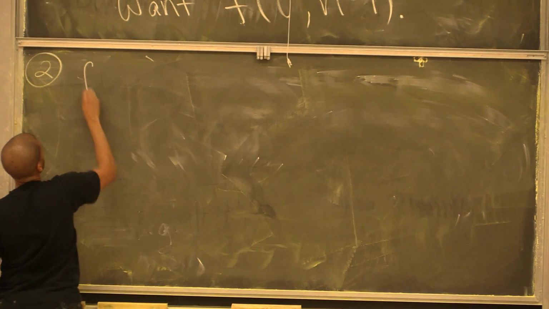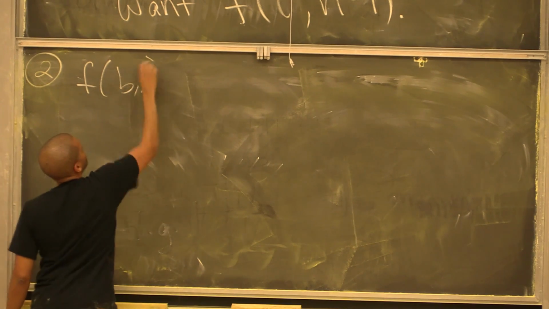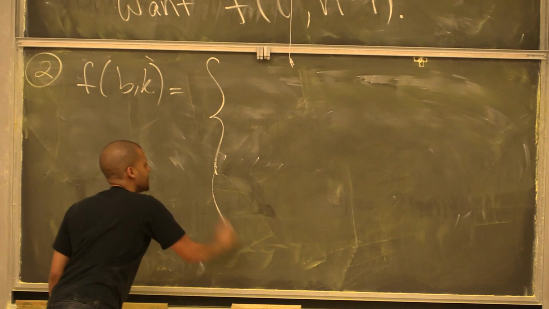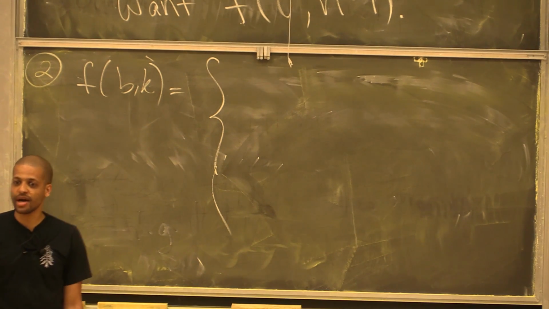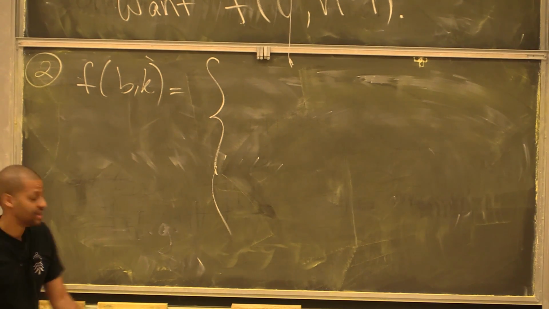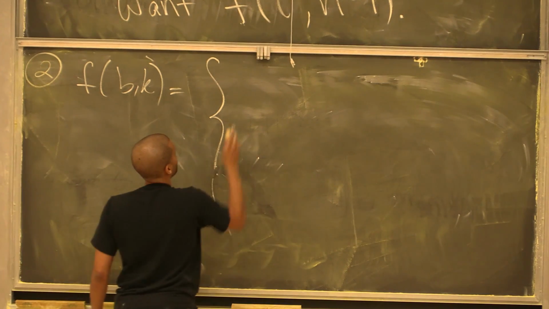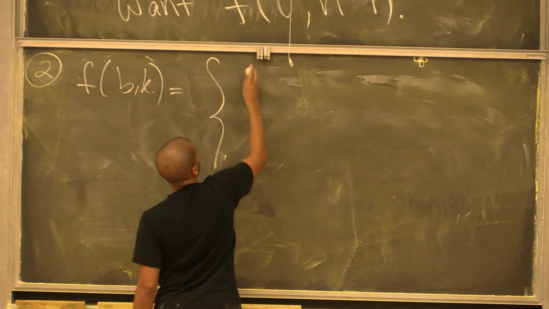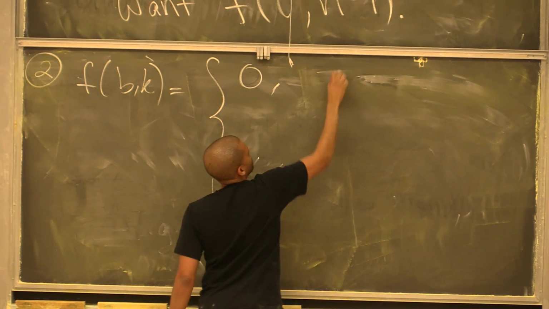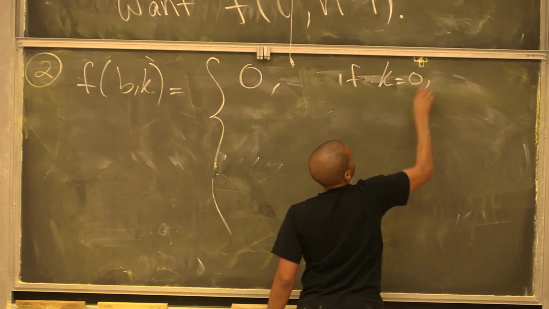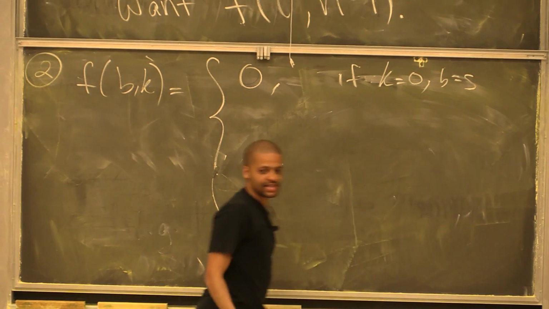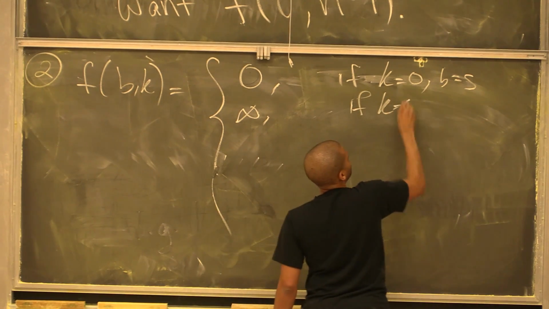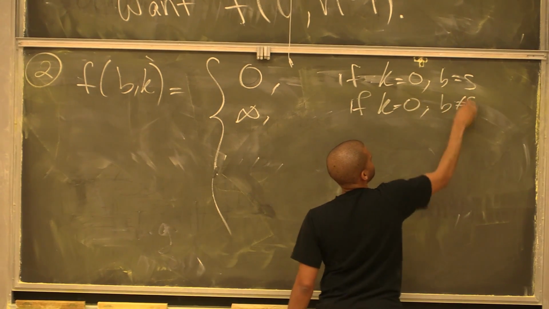I can write down a recursion that says f of b, k is equal to, the base case is that, let's say k is equal to 0. I'm not allowed to use any edges. If I'm not allowed to use any edges, well, then either the answer is 0 or infinity. It's 0 if k is equal to 0 and b is equal to s. I'm already at s. Otherwise, it's infinity if k is equal to 0 and b is not equal to s.